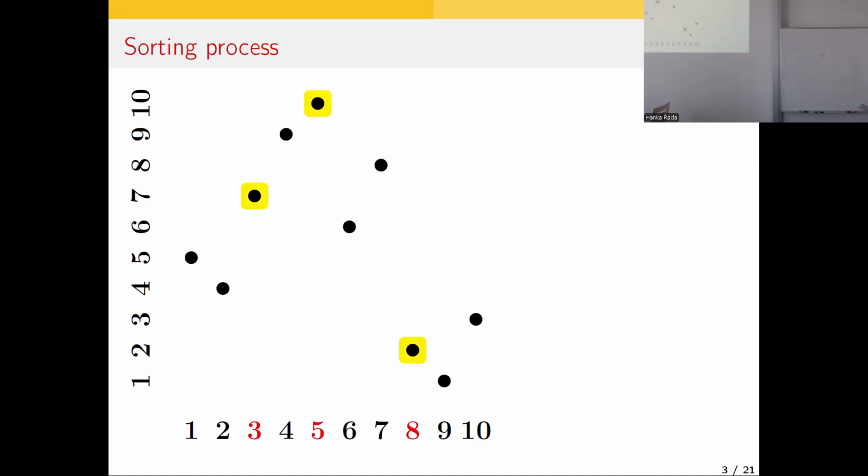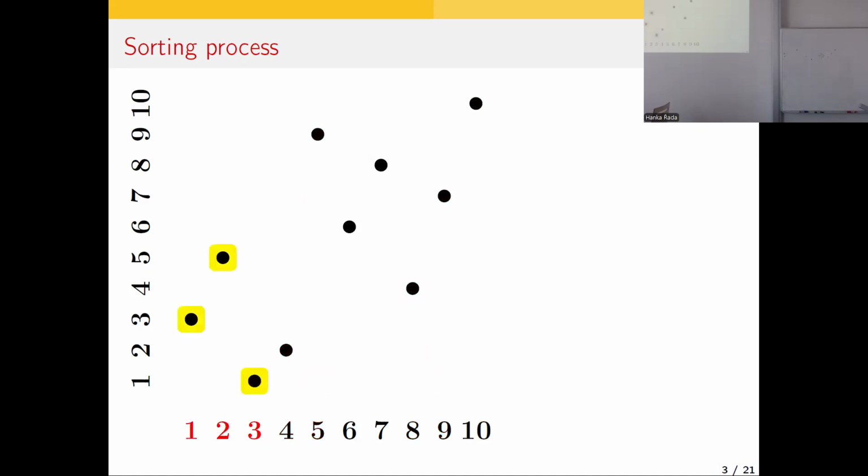So, for example, now we take these 3 points and order them. Then we take these 3 points and reorder them, and so on and so on. And in this way, we sort the whole permutation. Eventually, we are getting closer and closer to the diagonal, to the sorted permutation.